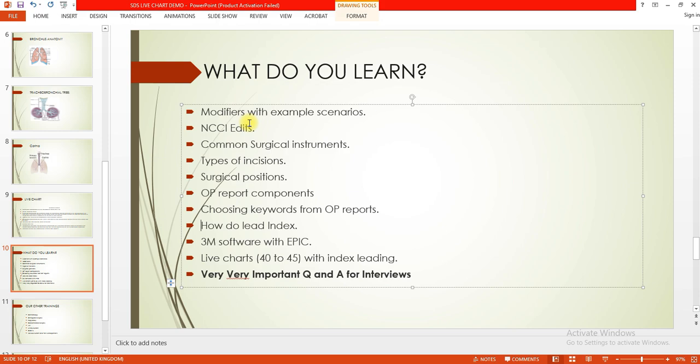And also you are going to learn how to read the index, in each and every case. I will tell you how to read the index. Next I will teach you 3M software with Epic software. If you go to an interview, 3M with Epic is the most common software you can encounter for inpatient and surgery coding, or live coding.